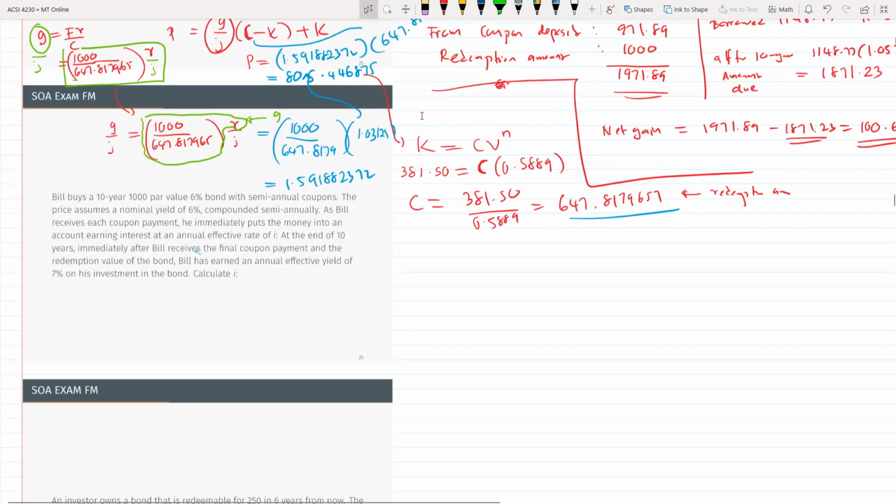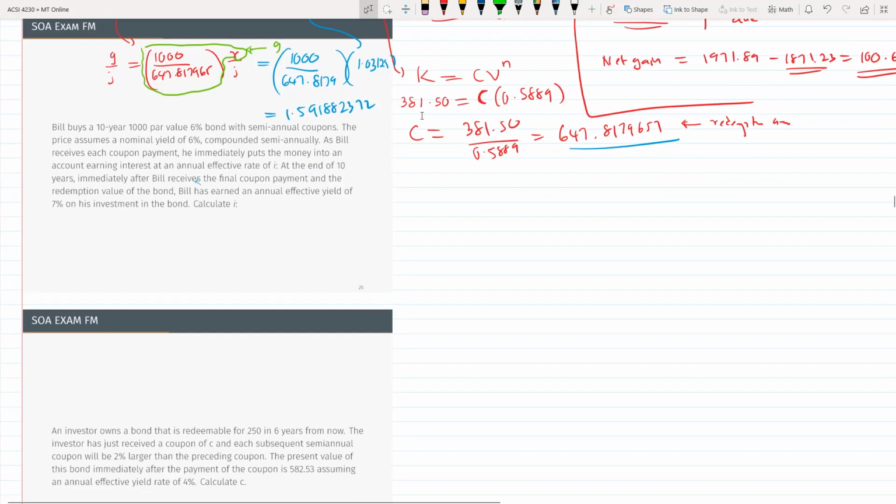Okay, so here is another question, and I'll do this one, and then the next one I will leave you to do. So let's read this problem. This is exam FA. It says Bill buys a 10-year 1000 par value 6% bond with semi-annual coupon. It's 10 years.